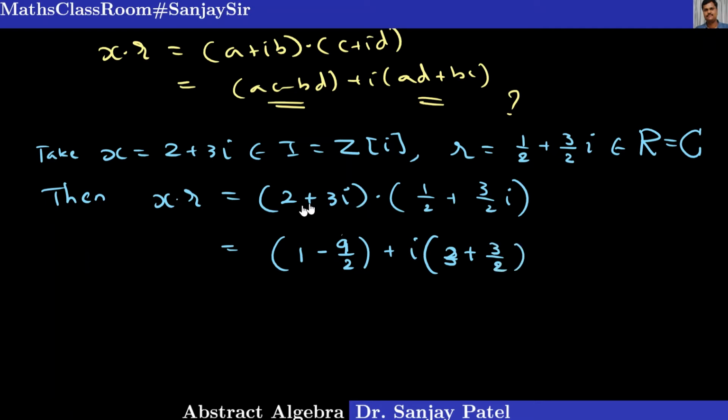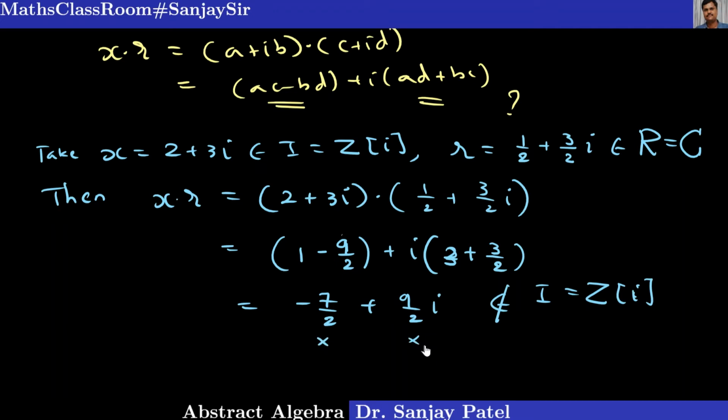So that is actually minus 7 by 2 plus 9 by 2 times i, which is not an element of the set I, which is Z[i], because this is not an integer and this is also not an integer.